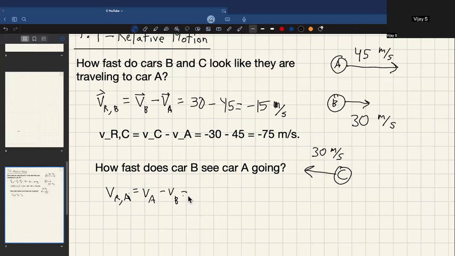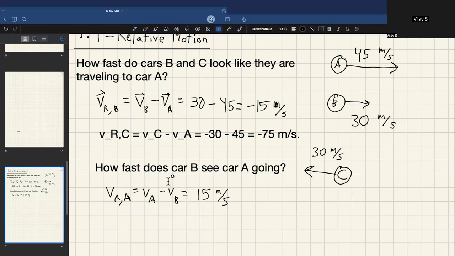What car B observes is car A going forward, because it's moving faster in our frame of reference. That makes sense. And it's going at 15 meters per second. Note that they have opposite signs. So B sees A going forward, A sees B going backwards.